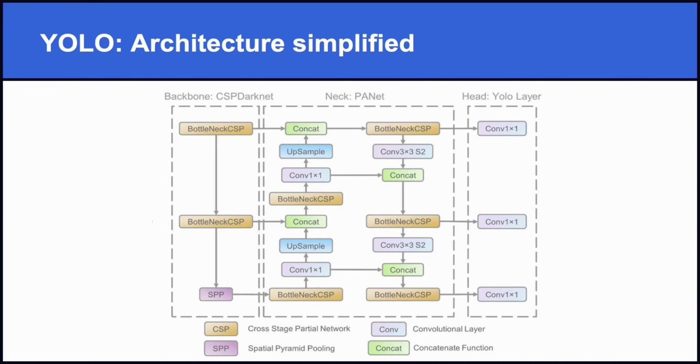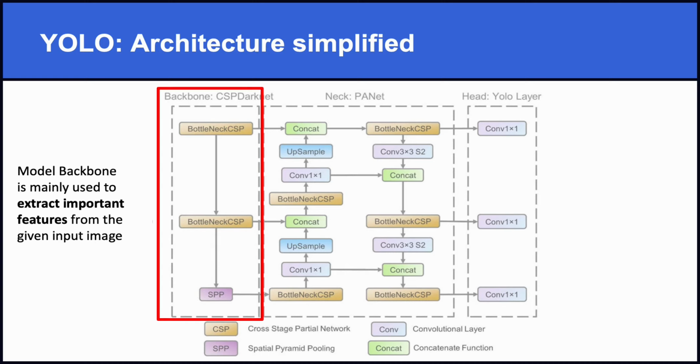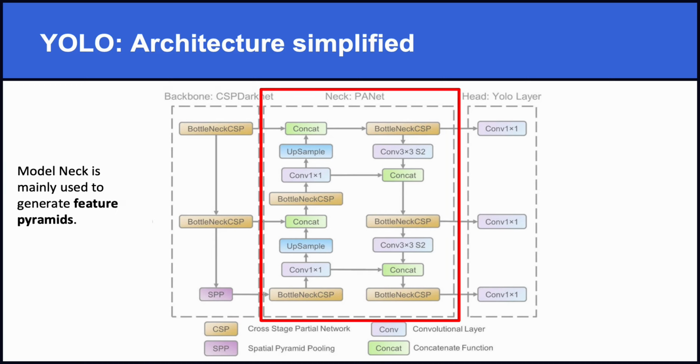So here is the architecture of YOLO v5, simplified of course, and you can notice that it has mainly three parts: the backbone, the neck, and the head. So the model backbone is mainly used to extract important features from the given input image, and then when we extract those features, we are going to move to the neck of the model, where we mainly generate what we call feature pyramids.